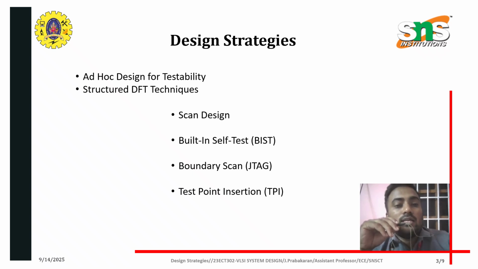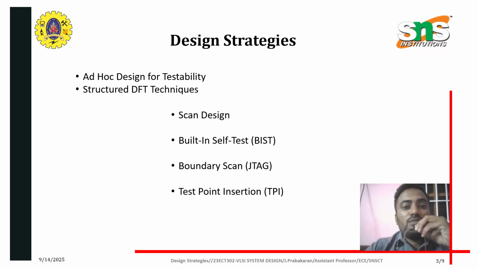And another one is structured DFT techniques. Under the structured DFT technique, we have scan design testing. What is scan design testing? All flip-flops are connected into one or more scan chains. This scan-based test is only for sequential circuits.